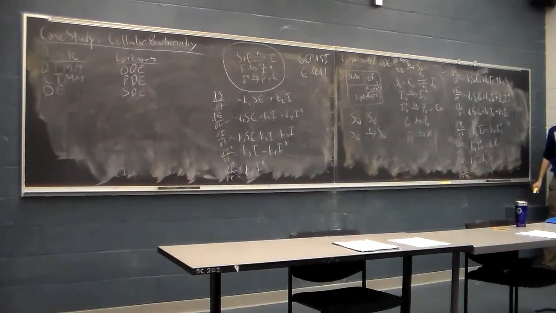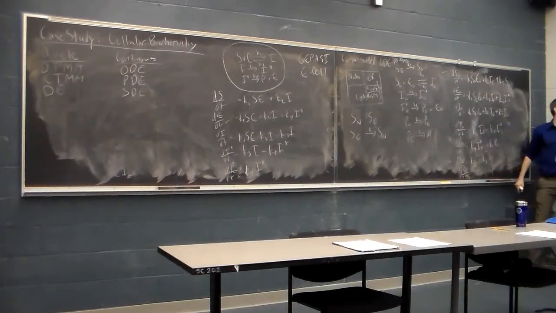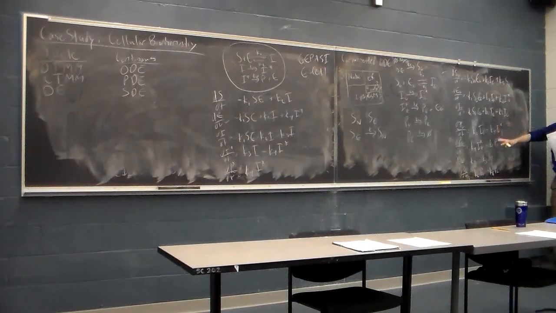Can anyone tell me what that would look like? This is a K6 and a K8. K6 times PG, which is the rate at which it's produced. And then minus K8 PC. And that is going to give us then a complete set of ODEs that now describes our compartmented model.